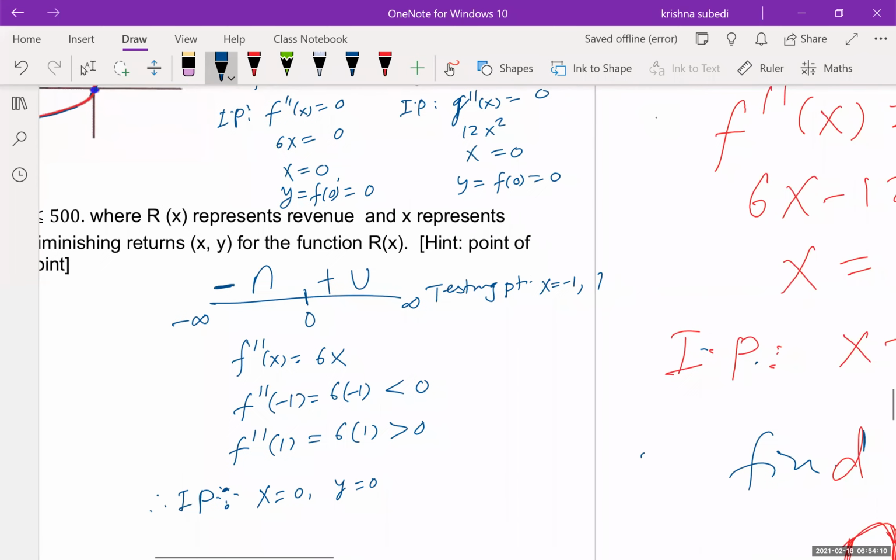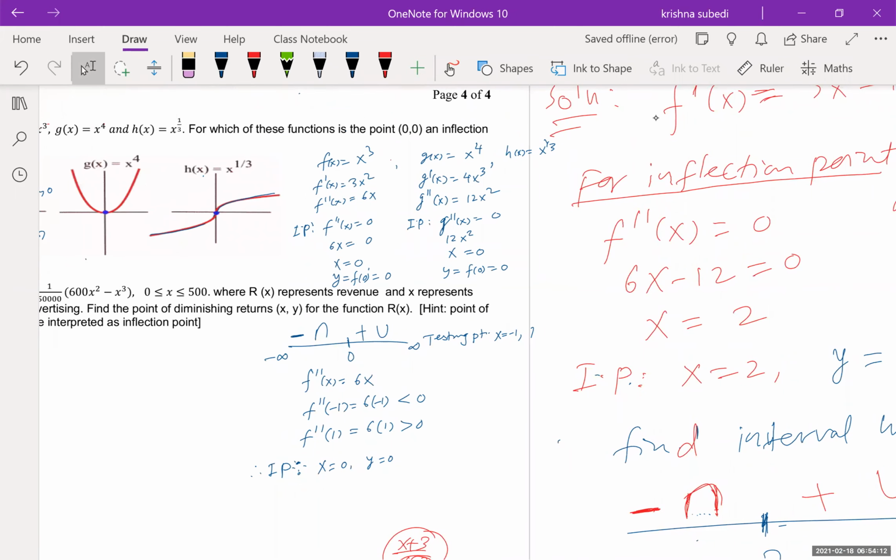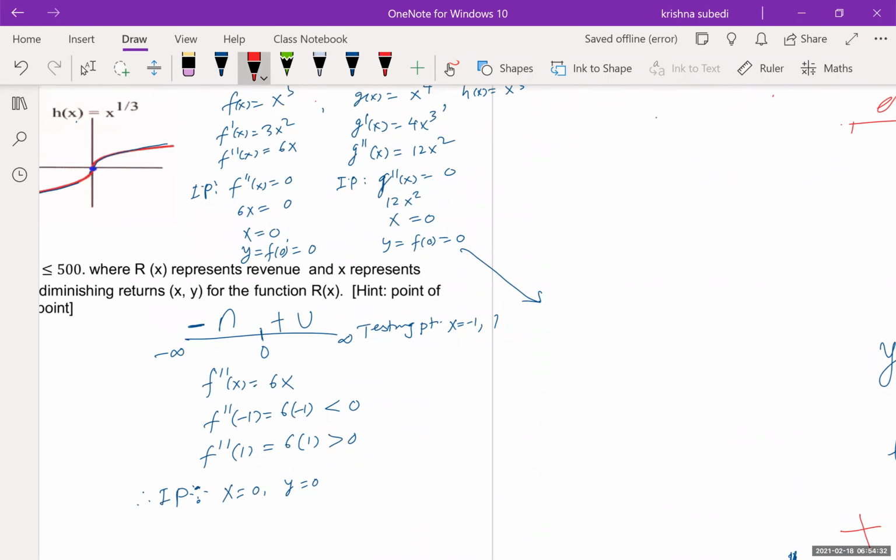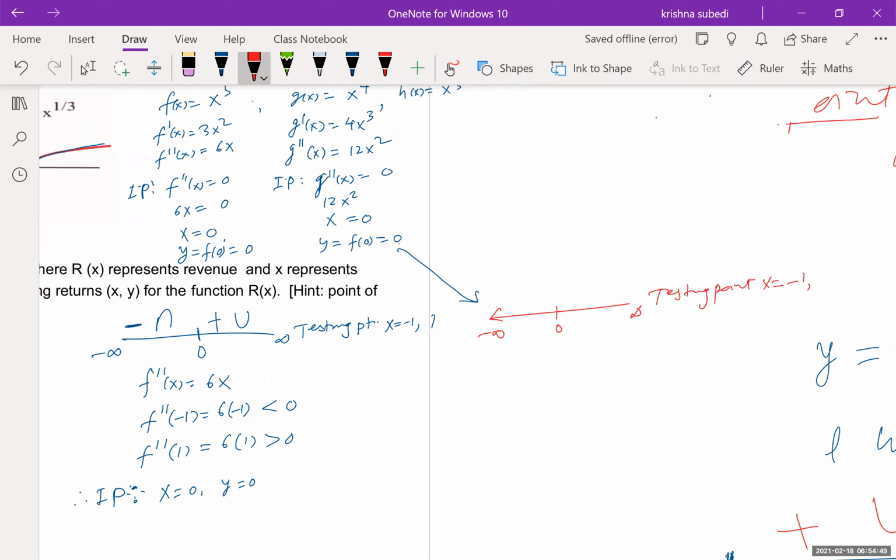Now in the second case, let us look at the g function. We thought the possible IP is 0, so there is 0 and we have negative infinity to infinity. The testing points are again x equals -1 and 1.